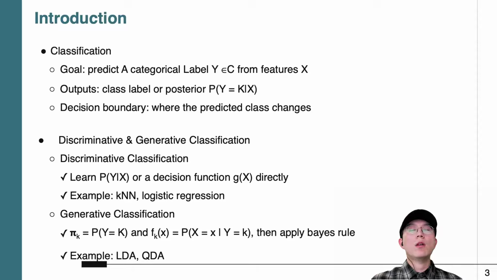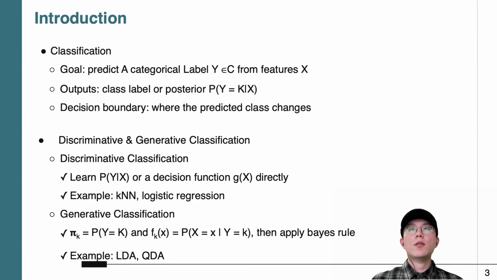There are two paradigms. Discriminative methods model posteriors or decision functions directly. Examples include KNN and logistic regression.